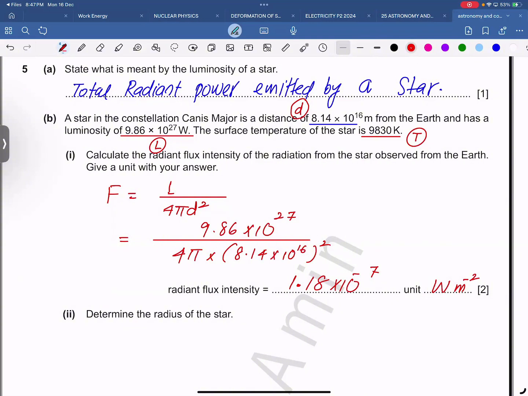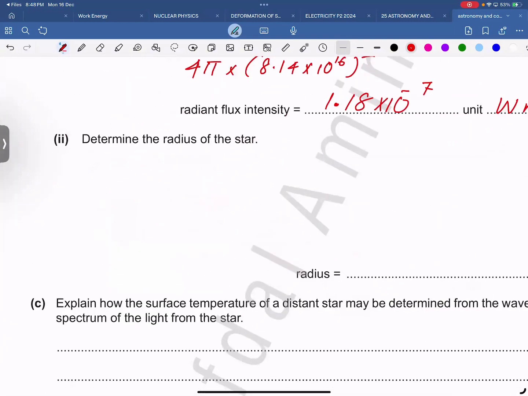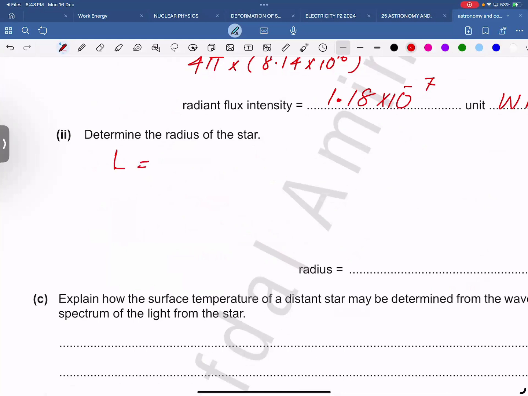Radius of a star is only related with one law. Which formula has the radius of a star? Stefan-Boltzmann law. Stefan-Boltzmann law says luminosity is 4 pi r squared sigma T to the 4.